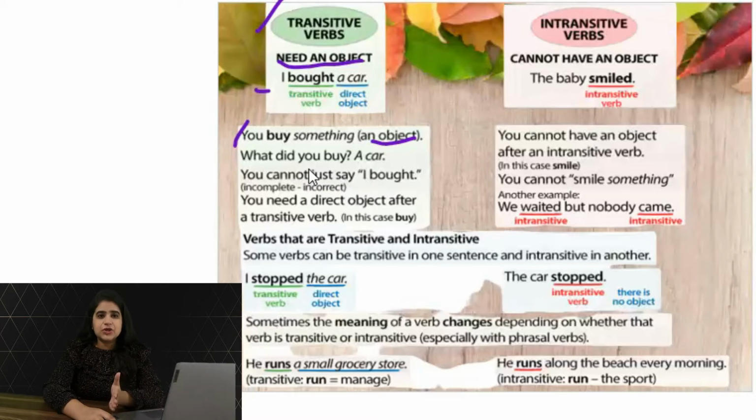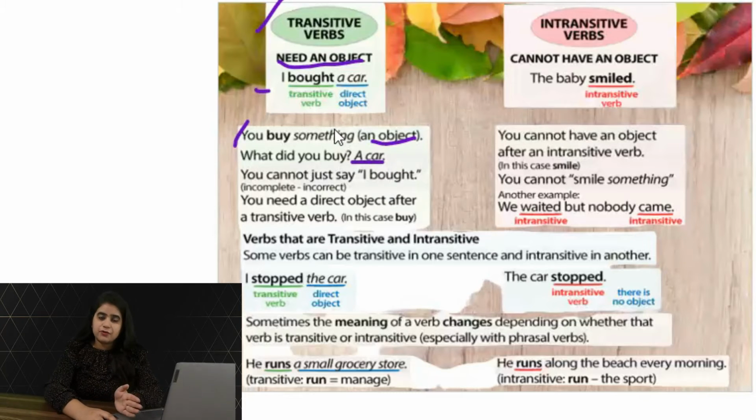Now to answer you, I definitely need to add an object over here. What did you buy? I have to add a car. I bought a car.